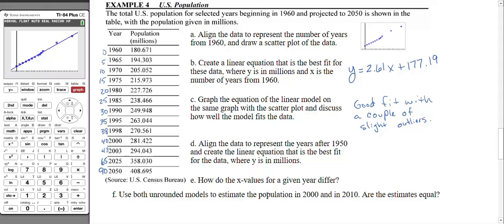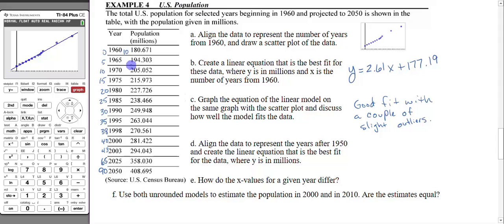Now we want to align the data to represent the years after 1950 and create the linear equation that's the best fit for the data. So we're going to change these numbers to be 10 more than what they were. If we're going from 1950, we're just going to add 10 to each of those.